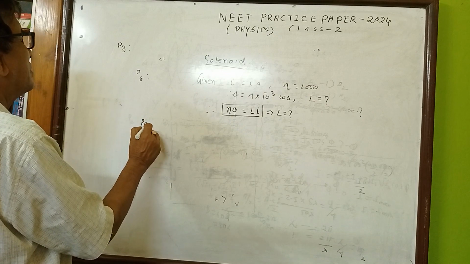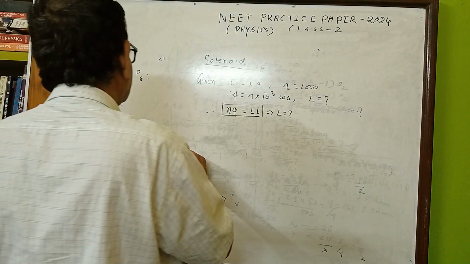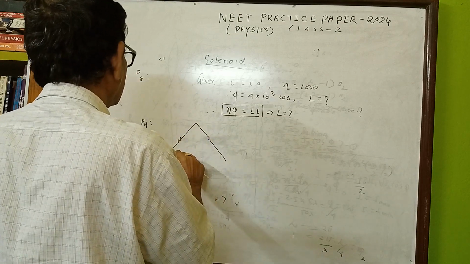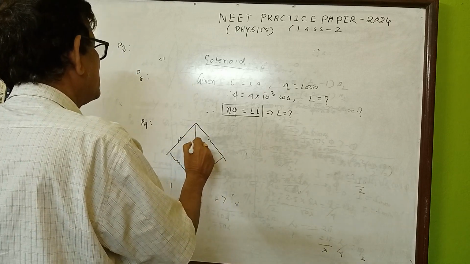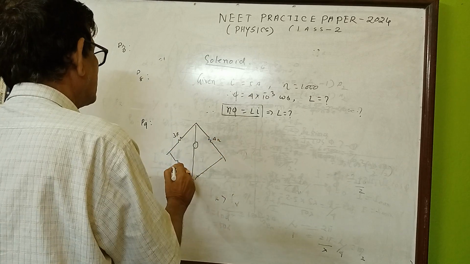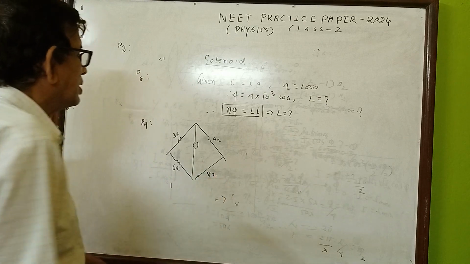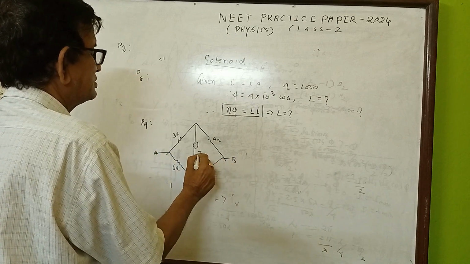Now problem number 9 you are doing. What is the problem? Suppose there is a meter bridge. This is the meter bridge, 3 ohm, 4 ohm, 6 ohm, 8 ohm. Now if you consider A and B, and that is 7 ohm.